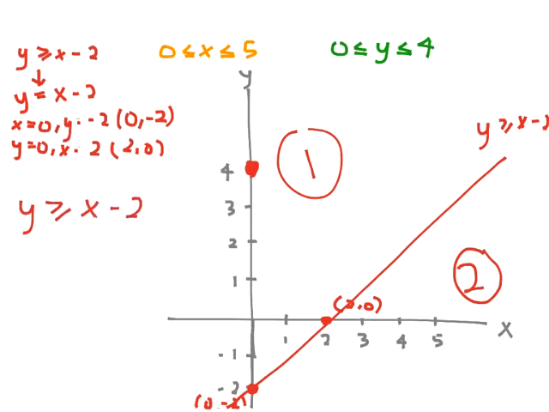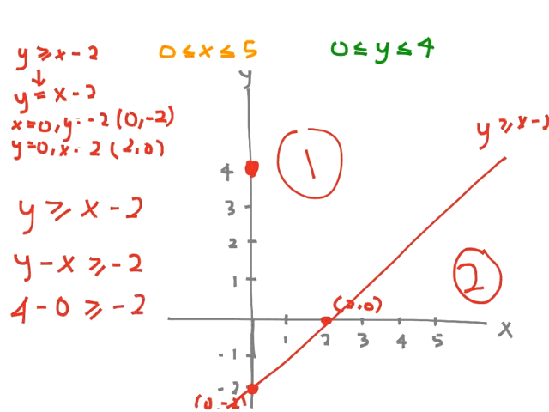So we put all the variables on the left side, so we will have y minus x greater than or equal to negative 2. So we substitute the value of 0 in x and 4 in y into our inequality. So we will have here 4 minus 0 greater than or equal to negative 2.